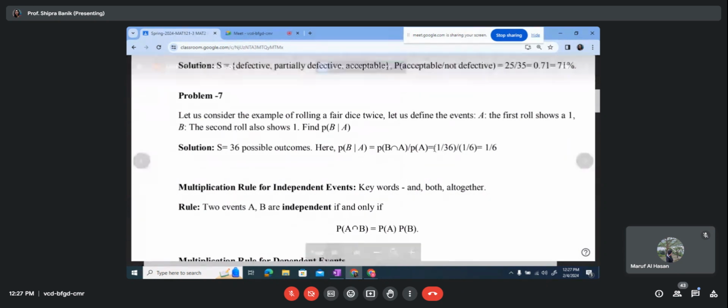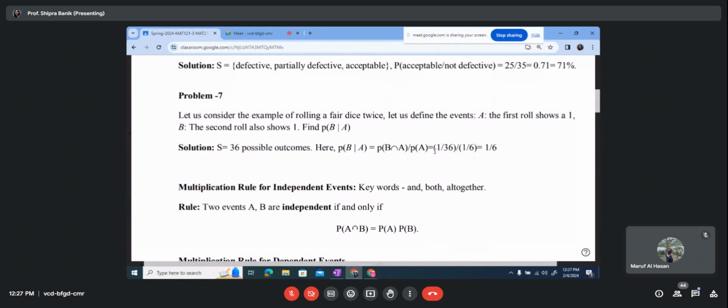You can see this first probability: both rolls show 1. That means which one are we talking about? Only 1 point, 1 sample point, which is (1, 1). So the chance of having (1, 1), you know very well, is 1 by 36.